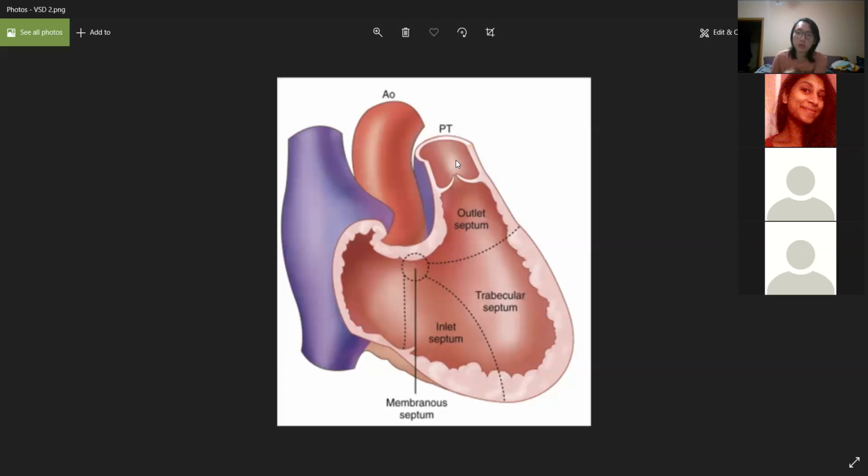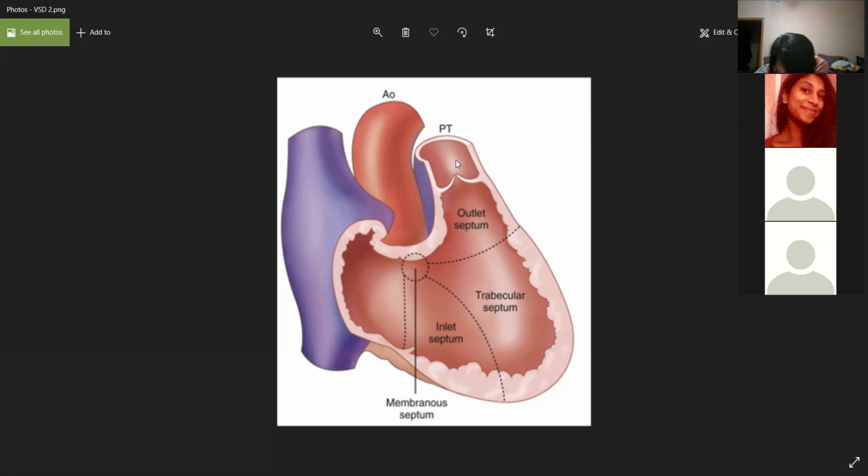It means on the projection of your... no, it's not your pulmonary area. It is under your sternum.